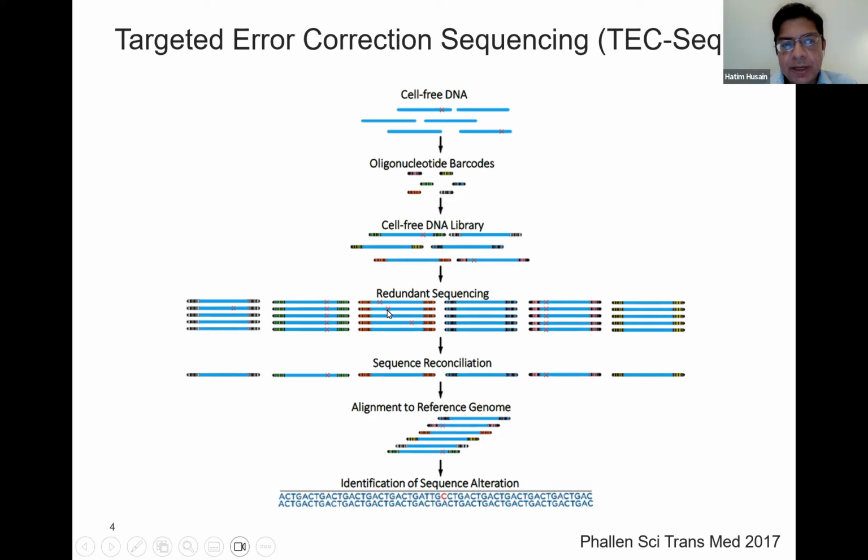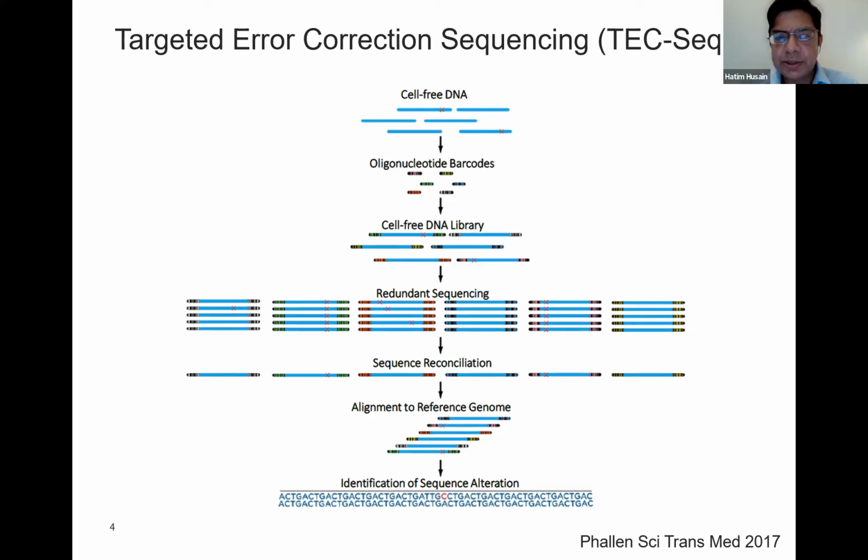That's in contrast to artifacts that can happen as part of the sequencing process, where they can be at different points in the fragment. And then there's a sequence reconciliation, alignment to the reference genome, the calling and identification of sequence alterations.